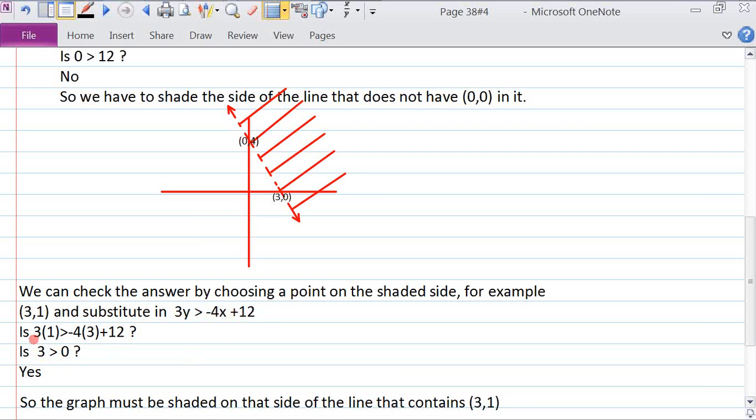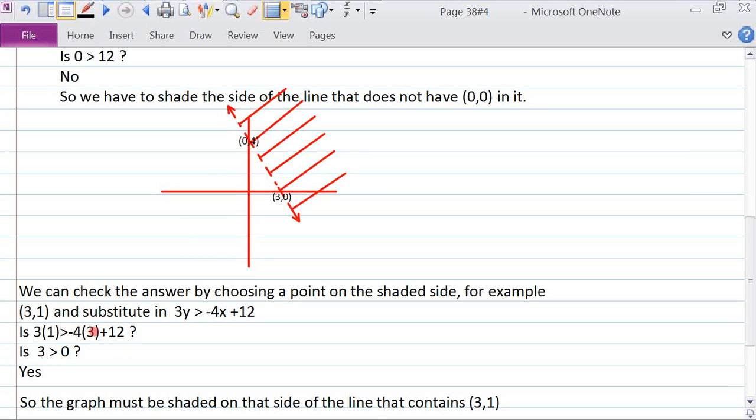So we're going to ask now, 3y, and y is 1, so 3 times 1 greater than minus 4x plus 12. We replace the x with a 3. So 3 times 1 is 3.